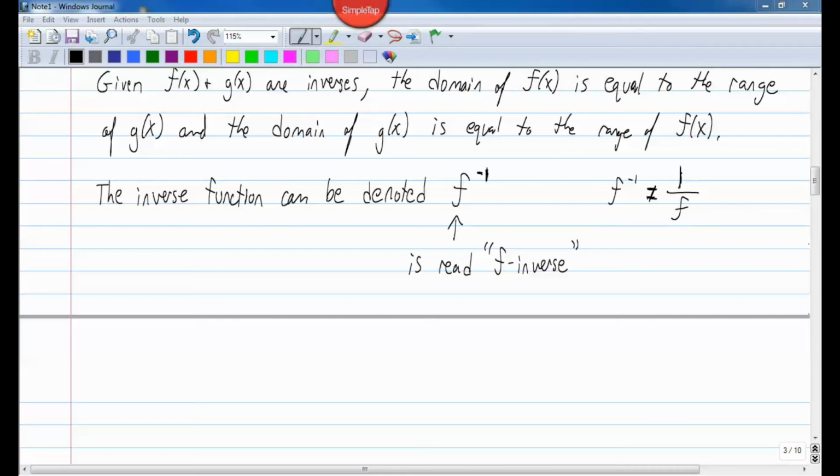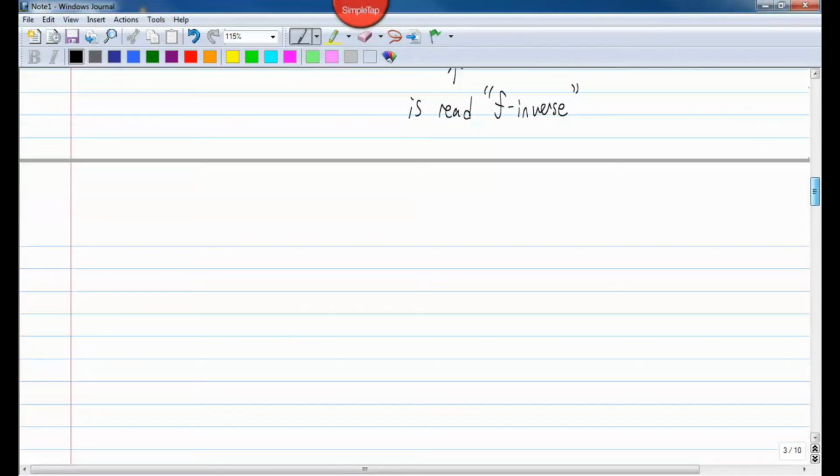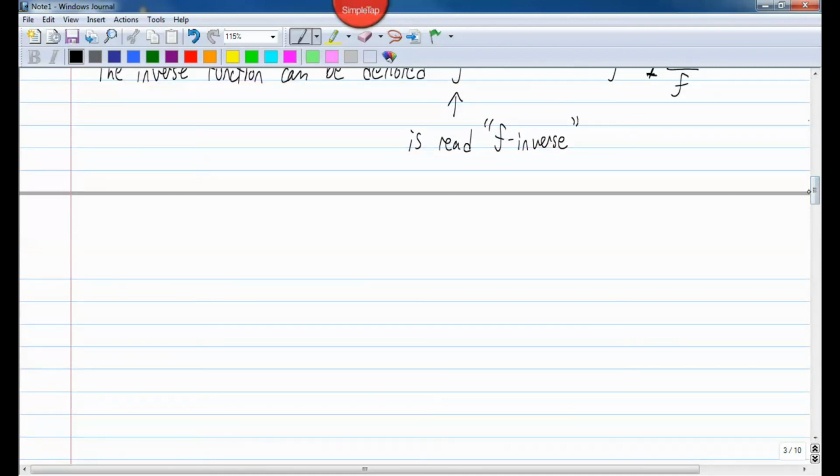Now, if you have two functions and you want to know, are the two functions inverses? Or you're told, verify that the two functions are inverses. So let's verify the two functions are inverses.